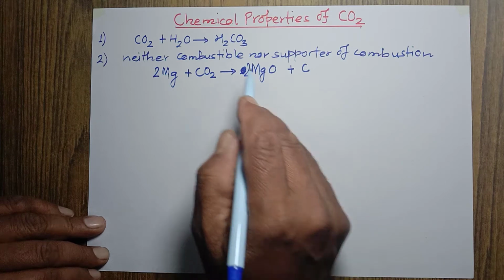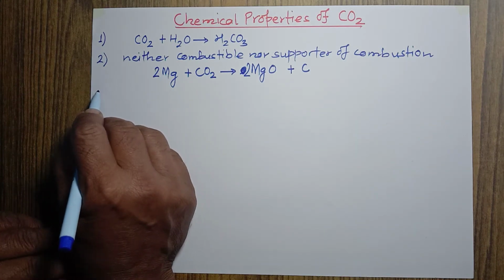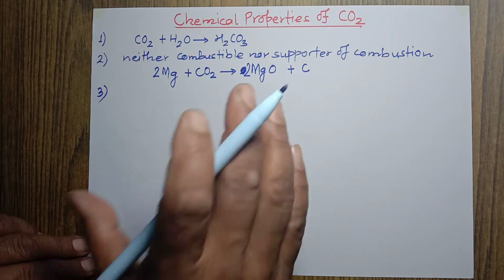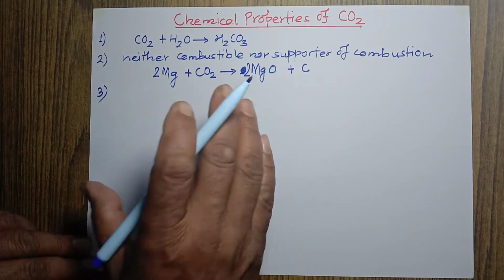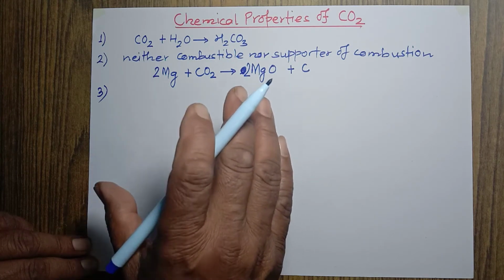Okay, now let's talk about the third one. This is the most important property of carbon dioxide gas, which is used to test whether a gas is carbon dioxide or not.